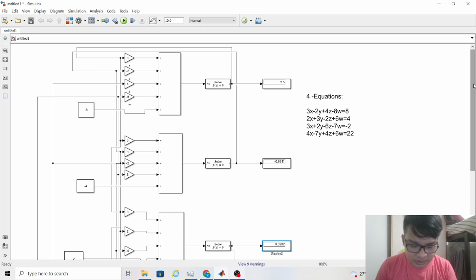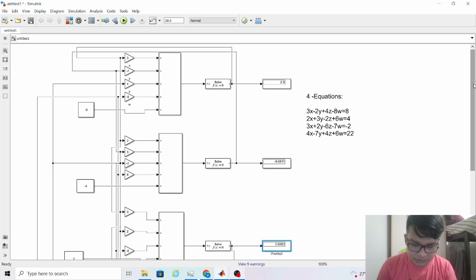Now let's check. I'm going to use the calculator here. So let's check first: 3 times 2.5 minus 2 times negative 0.881 plus 4 times 0.6982 and negative 8 times 0.5068.